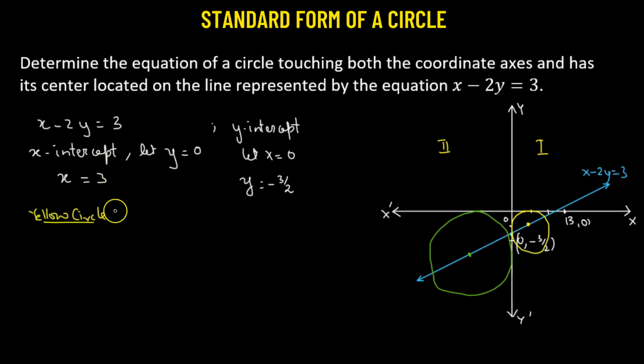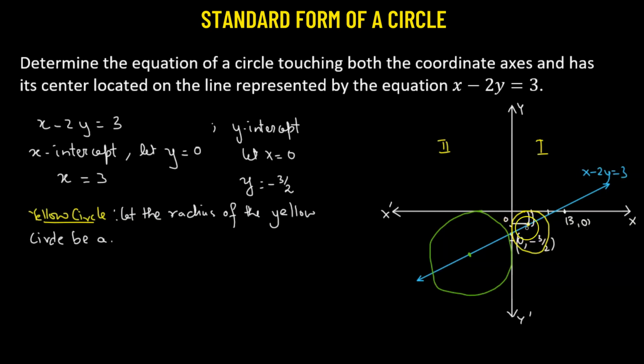We'll assume that the radius of that circle is a. So let the radius of the yellow circle be a. Now that we know the radius, we can also find the coordinates of the center. If we drop a perpendicular from the center to the x-axis, this height gives us the y-coordinate. And if we drop a perpendicular from the center to the y-axis, that length gives us the x-coordinate.